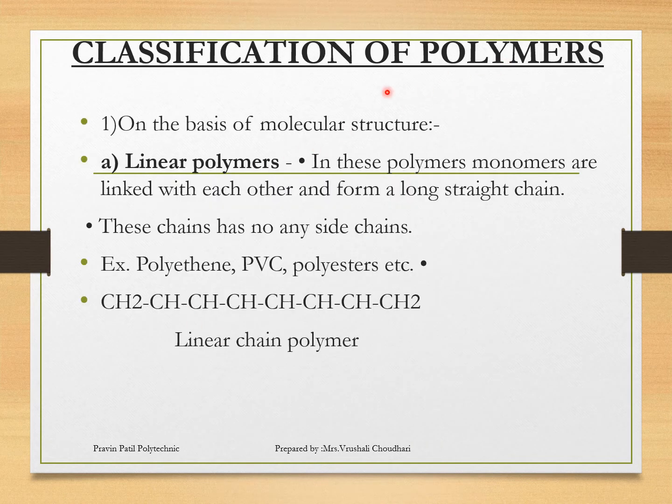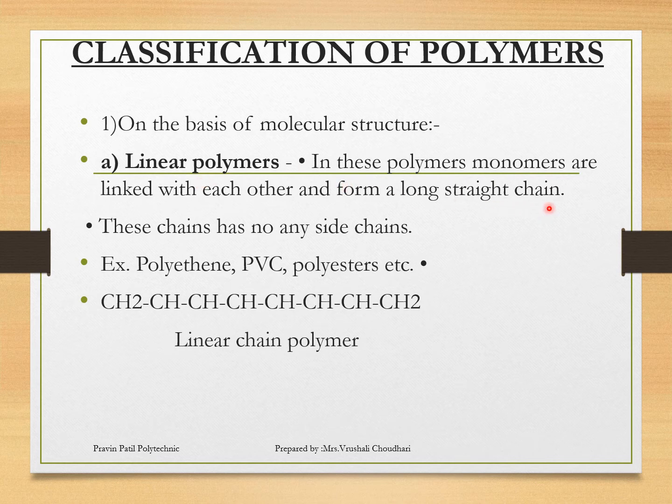Polymers can be further classified on the basis of molecular structure, meaning how the monomers are arranged. Accordingly, polymers are classified. First, the linear polymer. In these polymers, monomers are linked with each other and form a long straight chain.